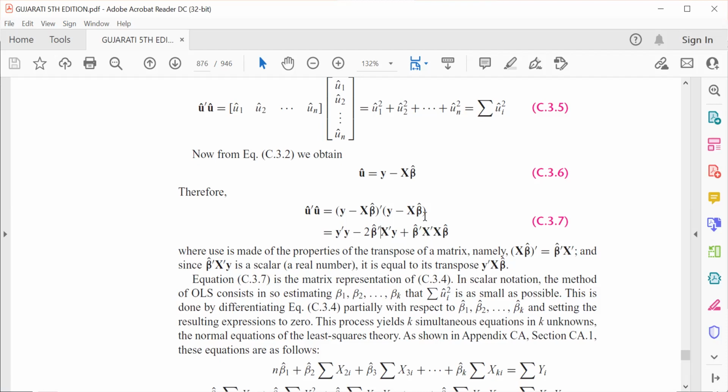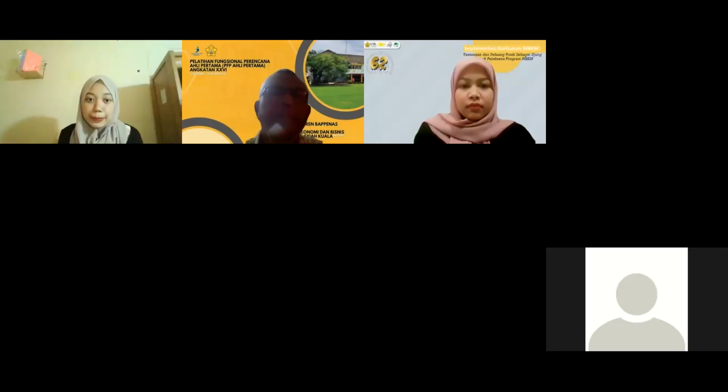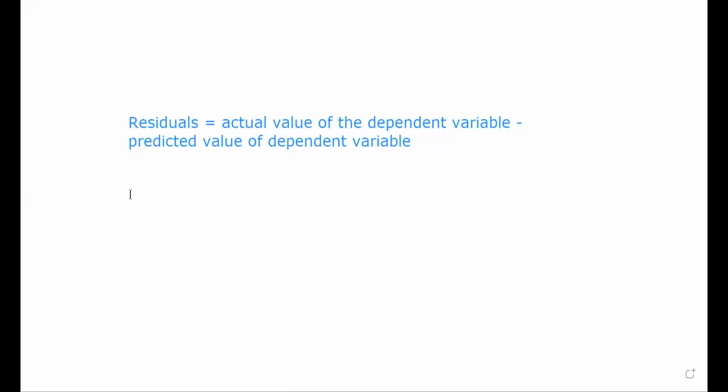Here we multiply minus x beta prime. I can show you the multiplication in matrix notation. I explained already: for example, (a b)' becomes b prime a prime.